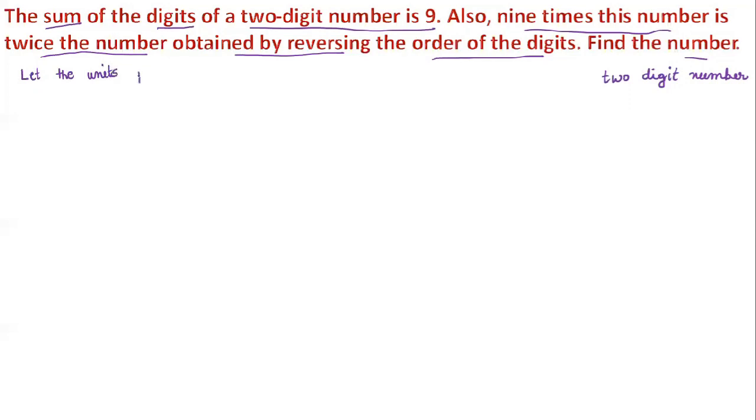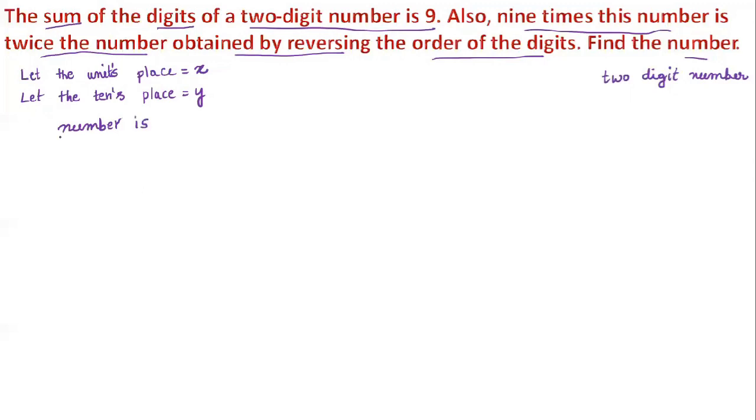So let the units place of a 2-digit number be x, and let the tens place be y. In 2-digit number we have only two places, units place and tens place. So units place is equal to x and tens place is equal to y.